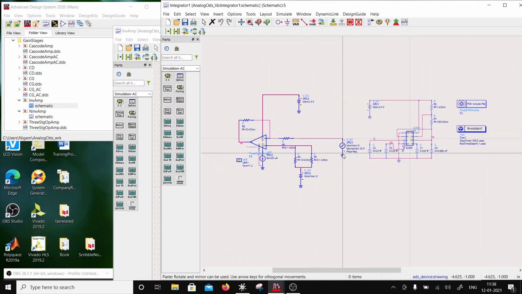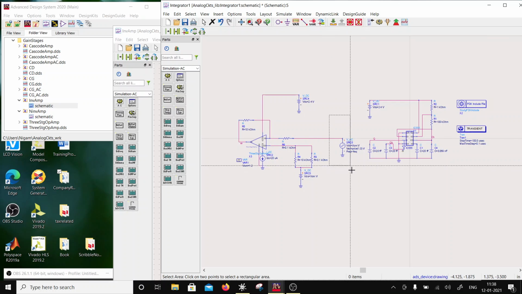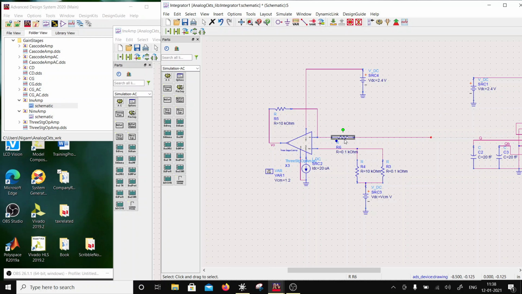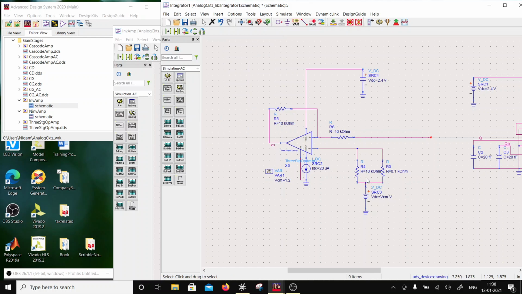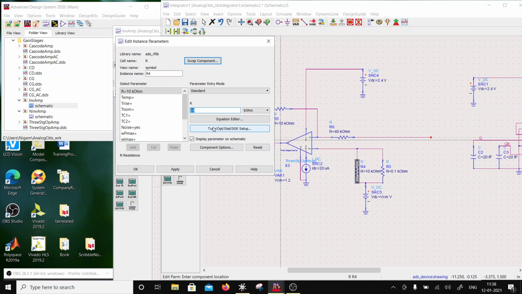Okay, so now what do I have here? I'm going to put in a 40 kilo ohm resistor, and here the resistor is going to be 40.